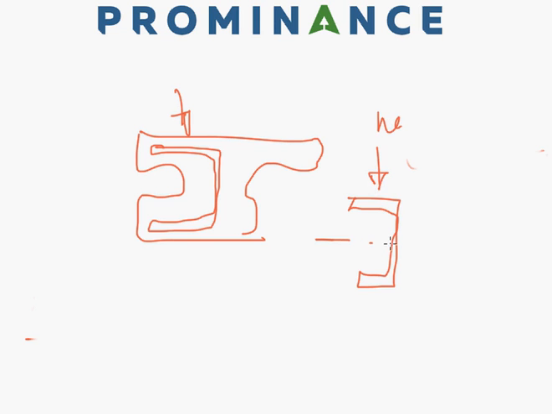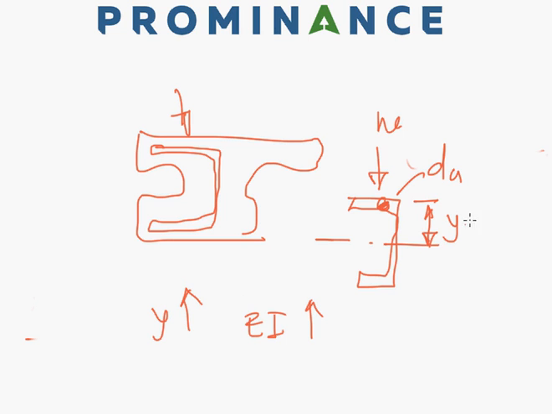This is my neutral axis. If I consider a small area here somewhere, which is my dA, and consider this distance y here, then if my y is higher, my EI value is higher.